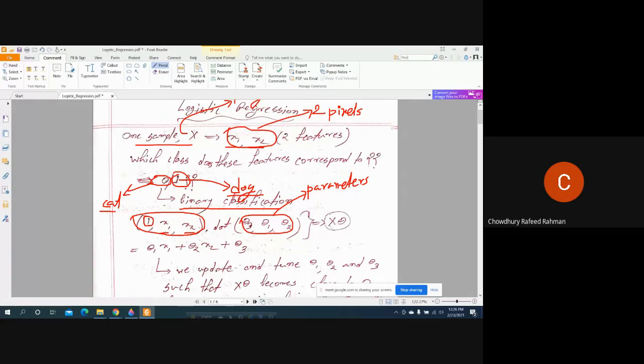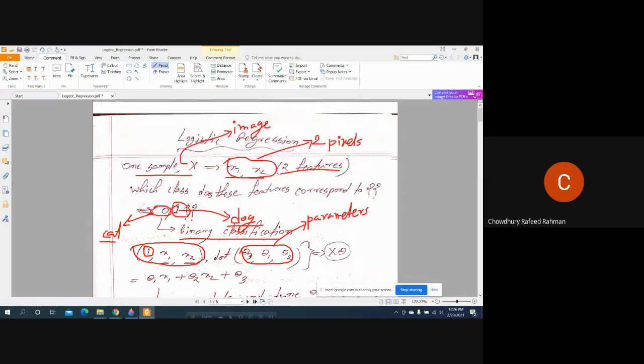No, these are not actually pixels. These are class values, right? These are not pixels. These are features, and these are class values. Are we clear on this? Sir, I am not clear about these features. Can you elaborate? Yes, sure.